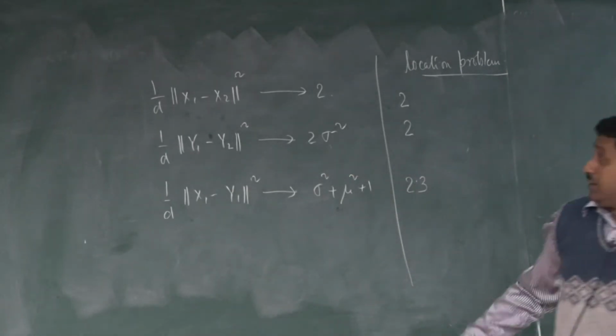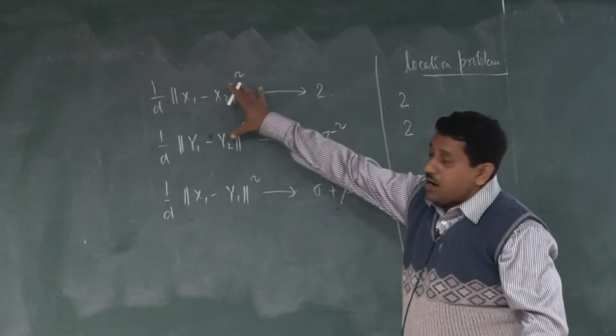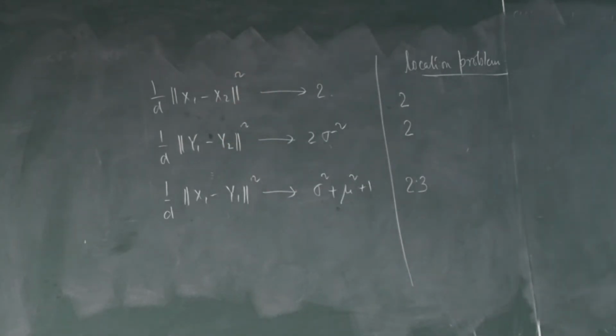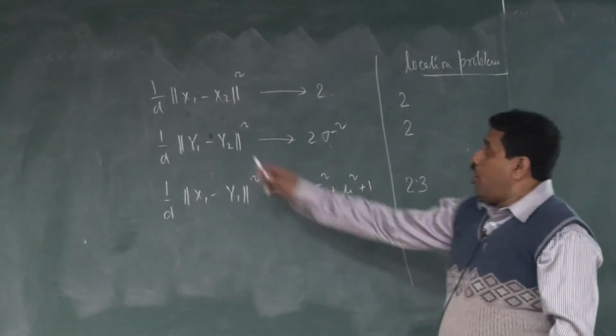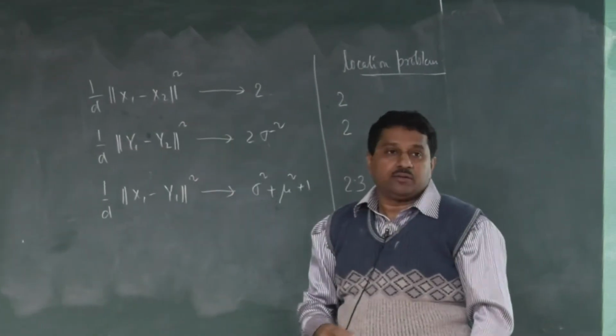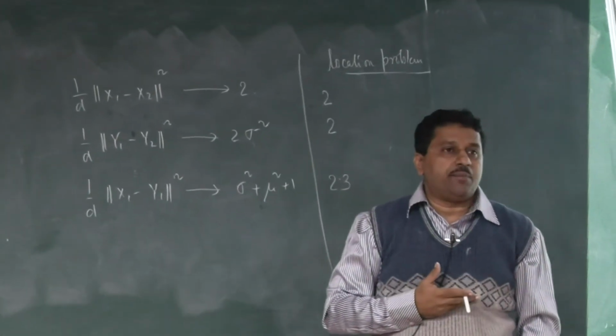So what do we expect? That this type of distances are much bigger as compared to these two. Okay? So what happens to the nearest neighbor statistic? All x's, take any x1. What can you say about its neighbor?